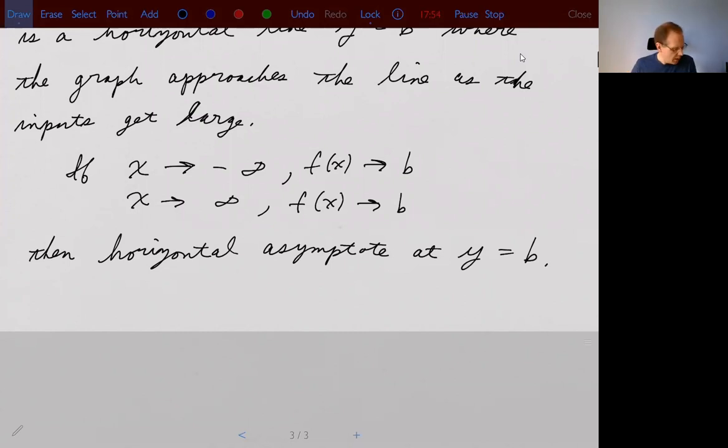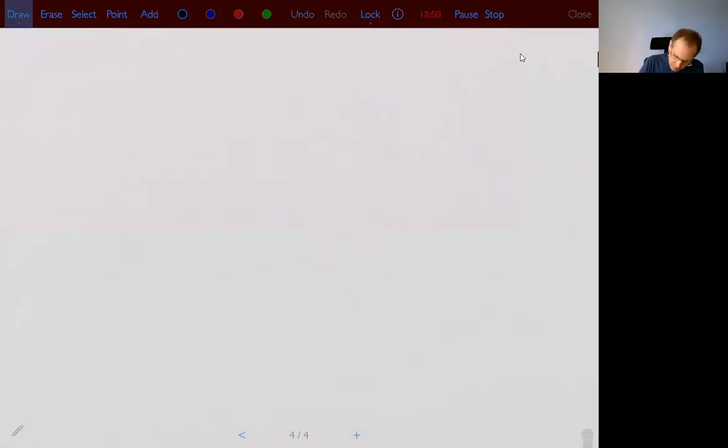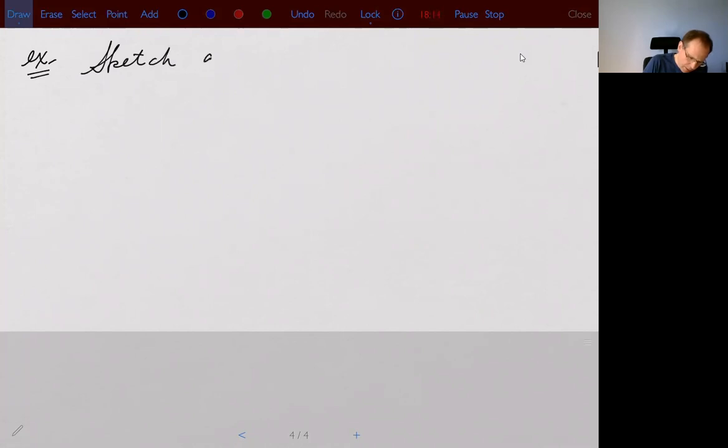Okay, so here's an example. Let's say, let me go to a new page. Let's say we want to sketch a graph of the reciprocal function, but it's transformed.